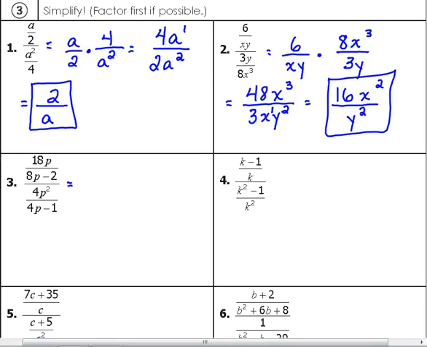Okay, let's look at number 3. Expressions are getting a little bit bigger here, but we still just have a single fraction in the top and in the bottom. So keep the top the same, 18p over 8p minus 2, times, flip the bottom one over, 4p minus 1 over 4p squared.